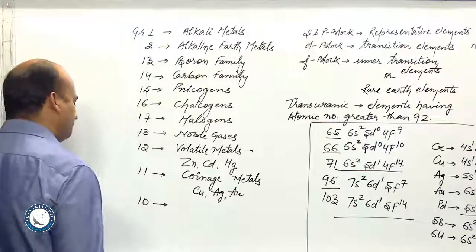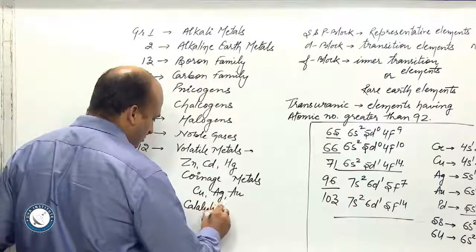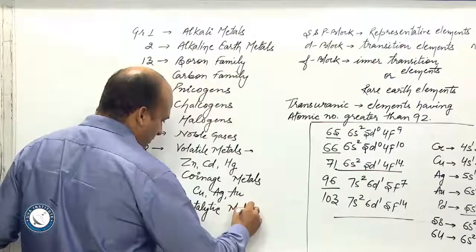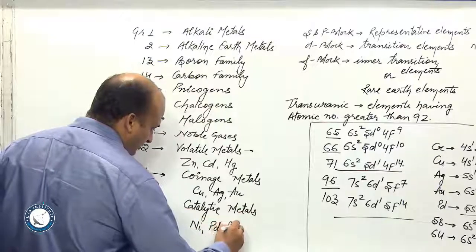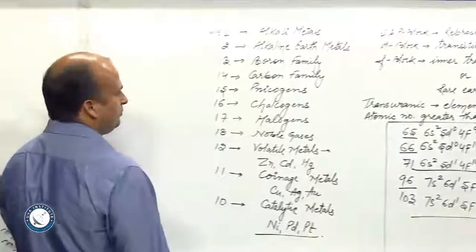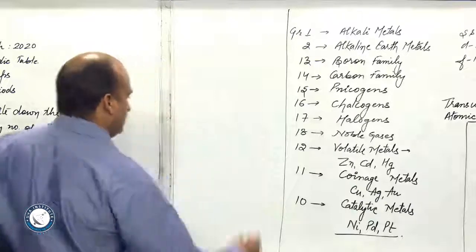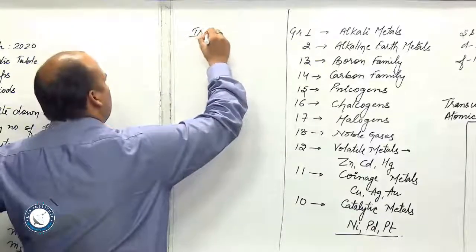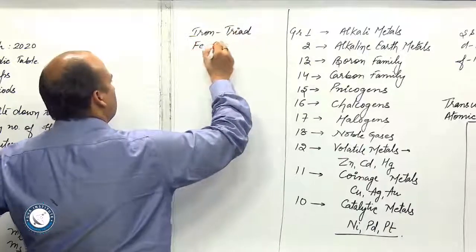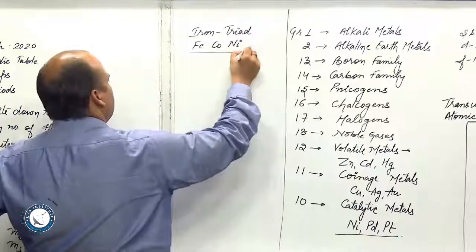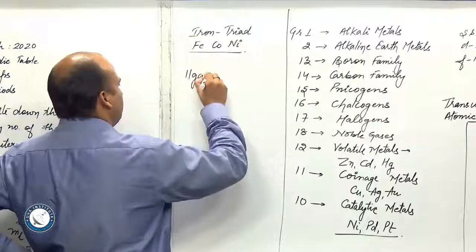Group number 10, catalytic metals. Nickel, palladium, platinum. Iron triad. Iron, cobalt, nickel. Okay.